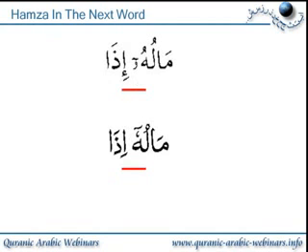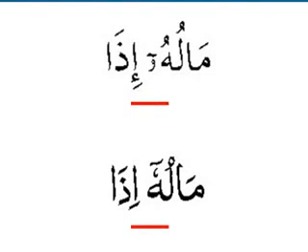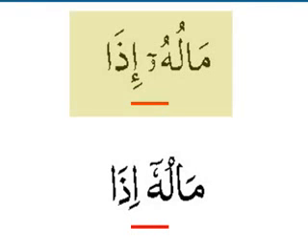Again, another example of hamza in the next word. So here we have ma luhu. So normally this is another way of writing the long vowel combination of dhamma wow, so the little wow is written there instead. So that hu is normally too long.